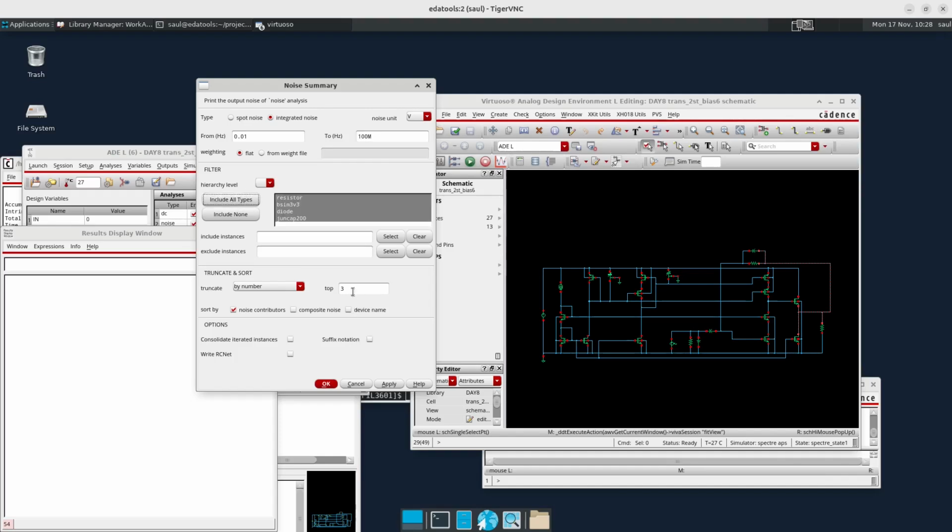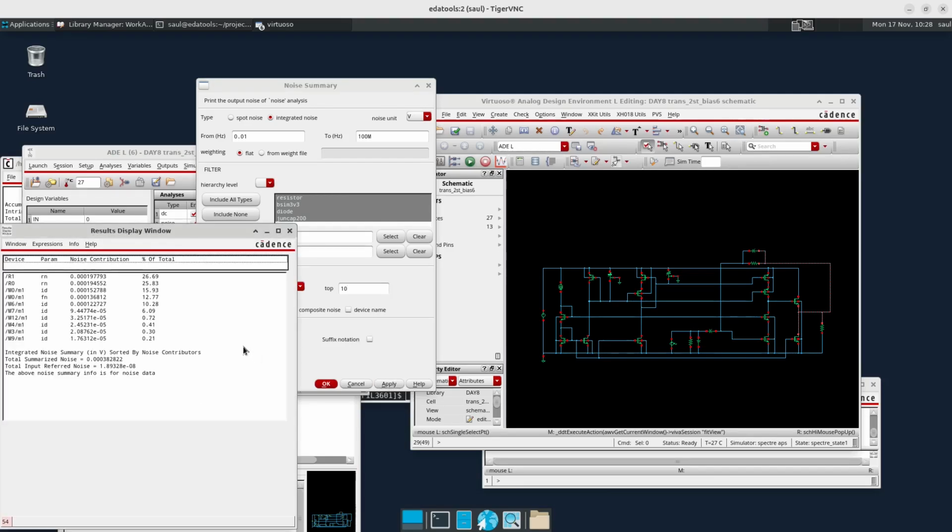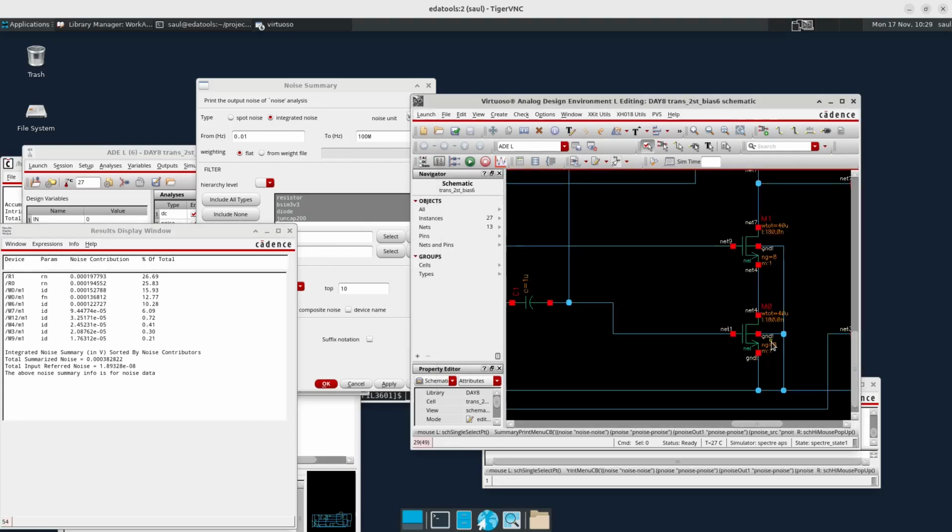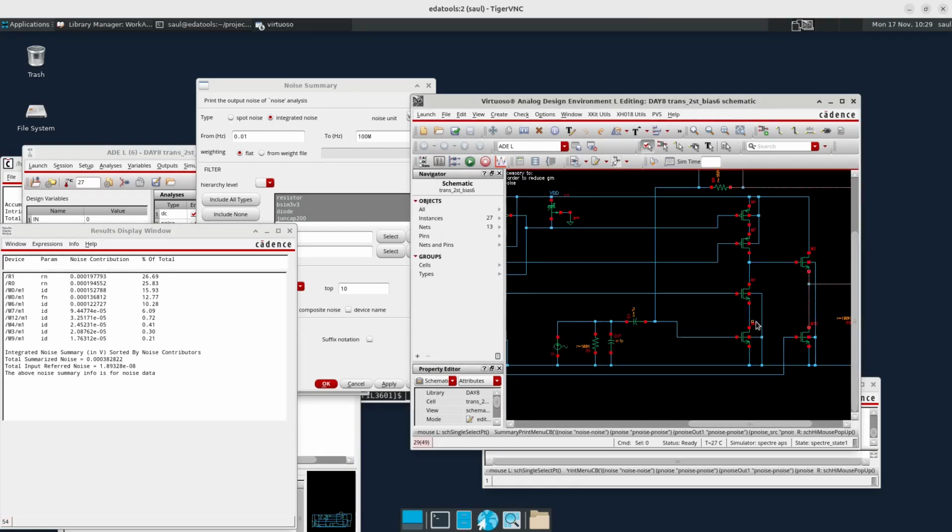We include all types, and let's take the 10 first noise contributors. And we have the resistors, the source and the feedback as the largest contributors. Then comes the M0, as we expected. M0 is the input transistor.